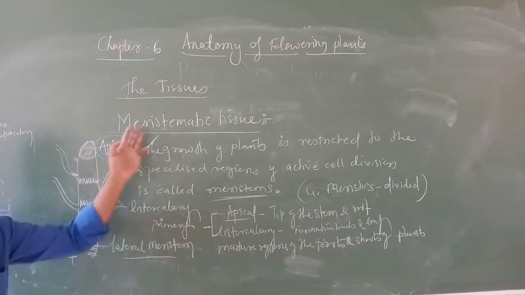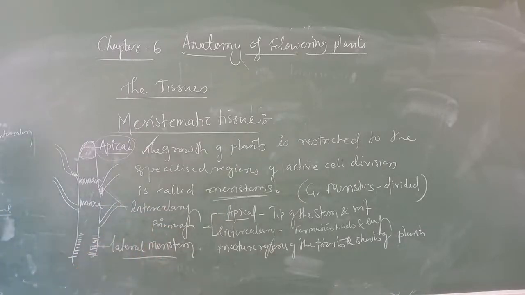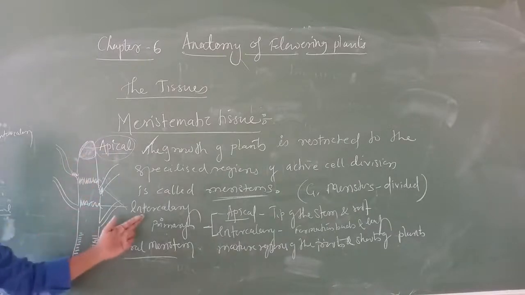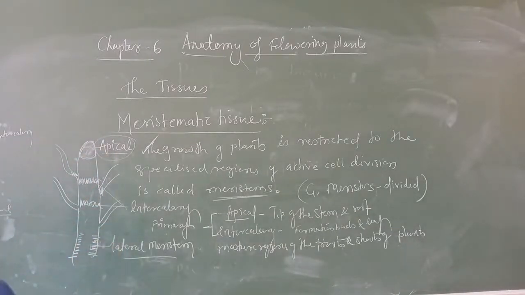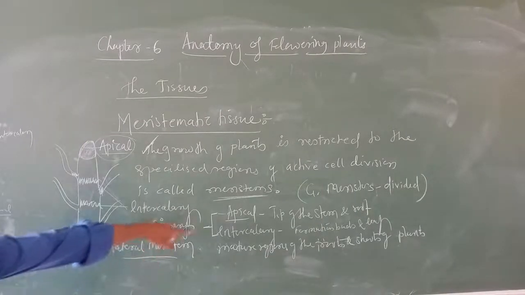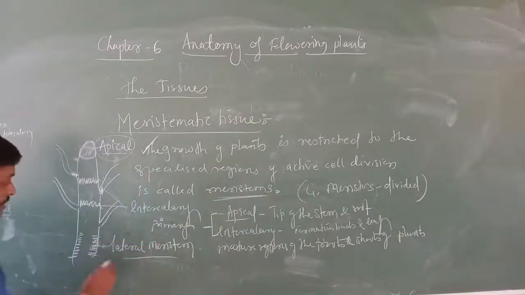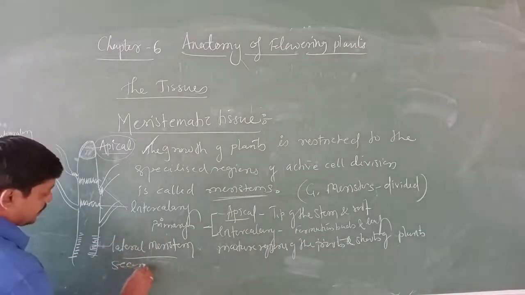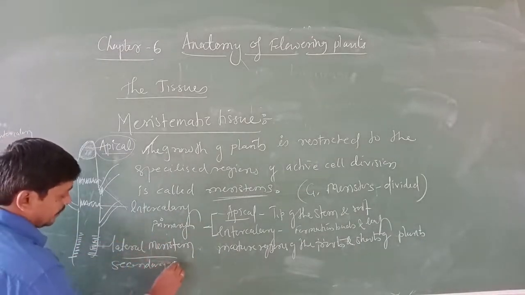The last one is the lateral meristem, L-A-T-E-R-A-L. Another name for this is secondary meristem. Here, these both are primary meristems. The lateral meristem is a secondary meristem.